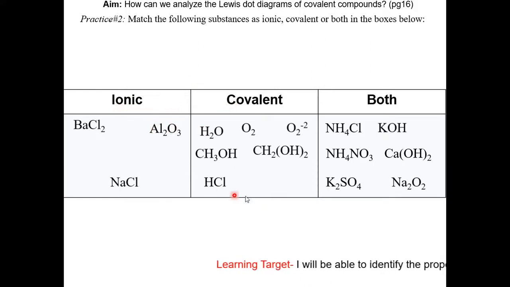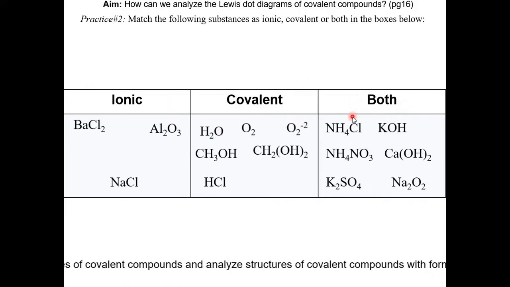For covalent, these are all nonmetals. And for both, these compounds have polyatomic ions. So as long as you follow my procedure, you should be able to get this correct.